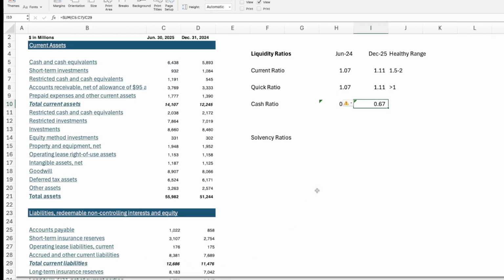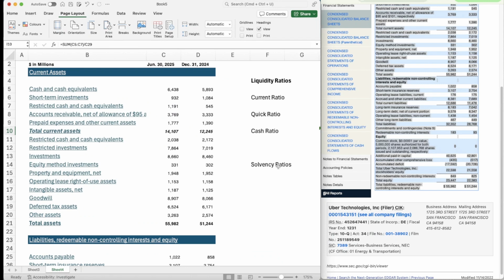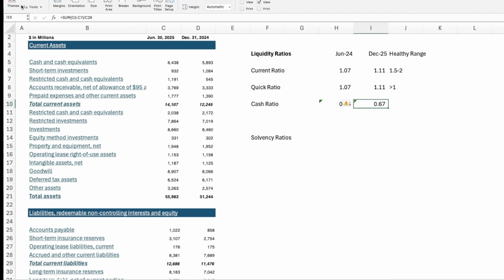Sorry, let me come back to full screen. There, we can see that they're fairly similar. A healthy range for this is usually 0.2 to 0.5. And as we can see, Uber is higher than that.